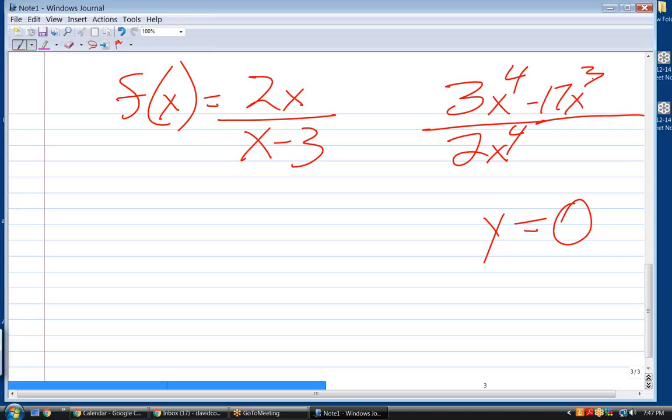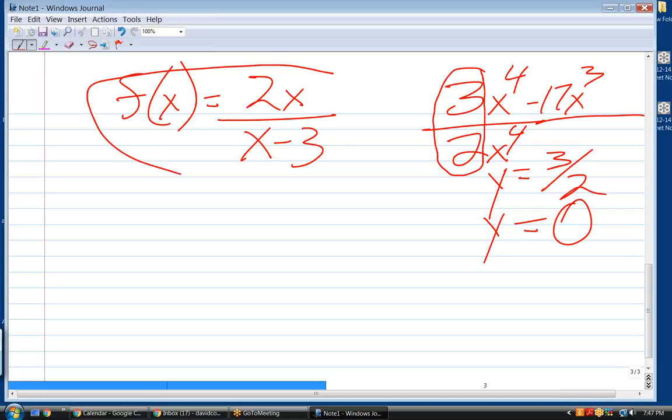It doesn't affect the horizontal asymptote. It's only the highest degree. If they are the same exponent, the horizontal asymptote is the ratio of their coefficients. So the horizontal asymptote in this would be y equals 3/2.